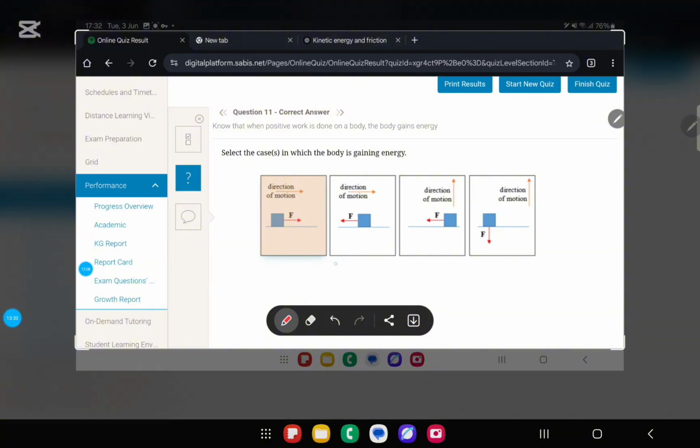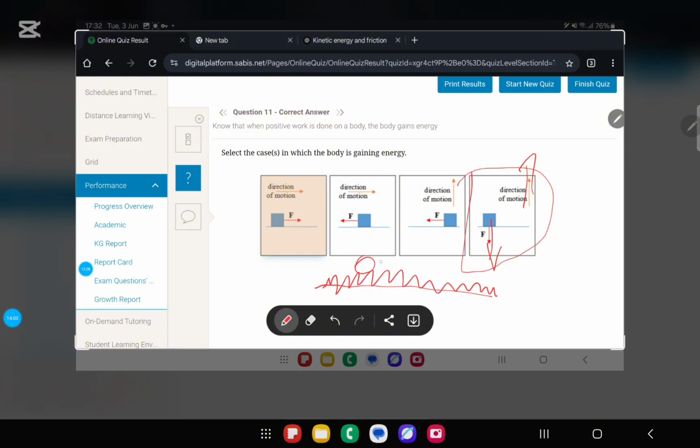Now, when it's negative, when it's resistive, it's going to be in the opposite direction, like here. This is resistive motion, so it's resistive work. Remember that. Whenever it's opposite, it's resistive. Why? Let's imagine the same example with the cart, but instead of a smooth floor, it has a lot of friction. It's very rough.